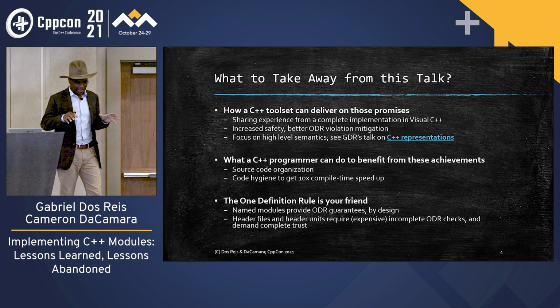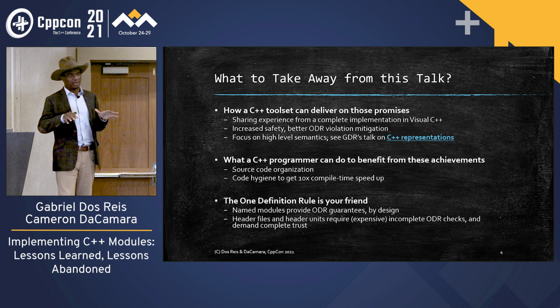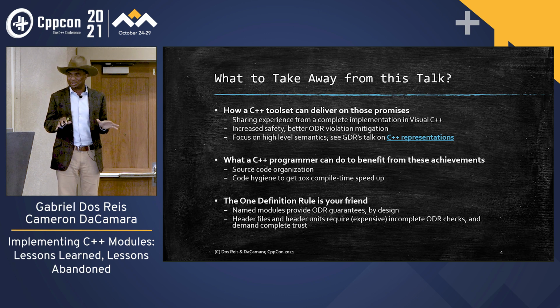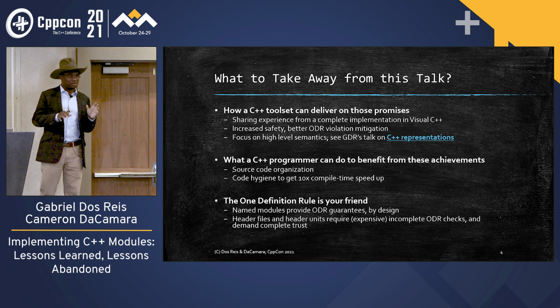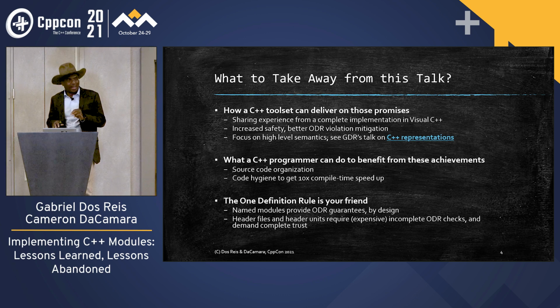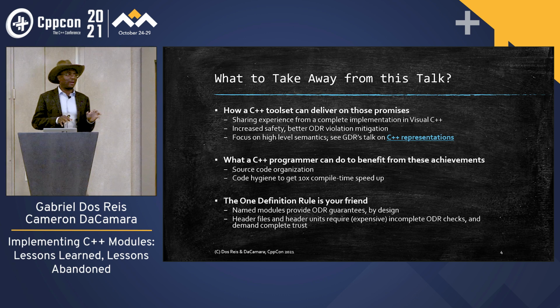And lastly, I think the one definition rule has become some kind of gospel. Usually when people hear about it, they start shaking because either the compiler is going to do something that will mutate the intended semantics of your program, or they think they might have violated something. Modules actually make it such that you do not have to worry about that.